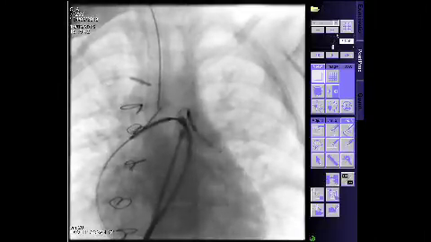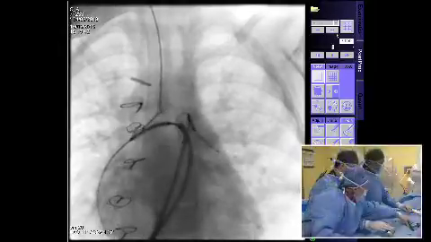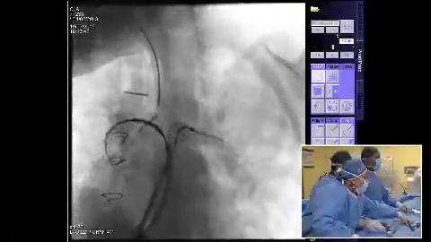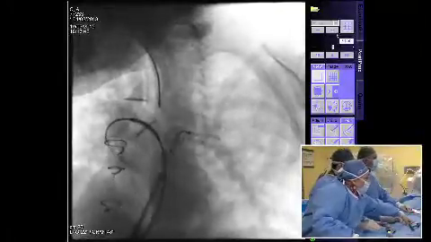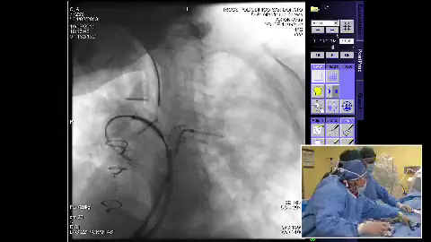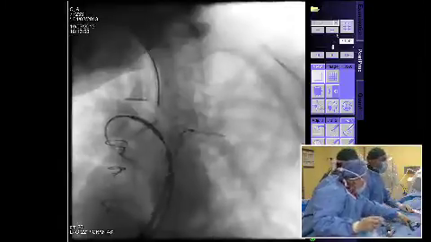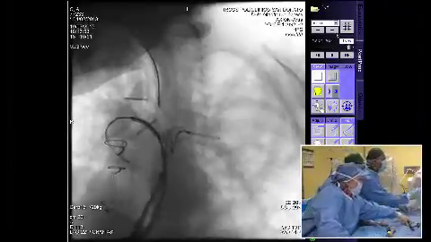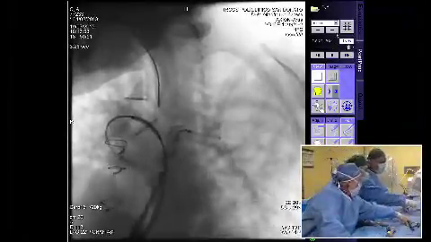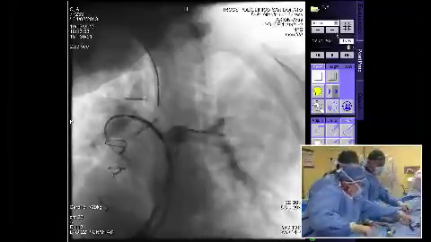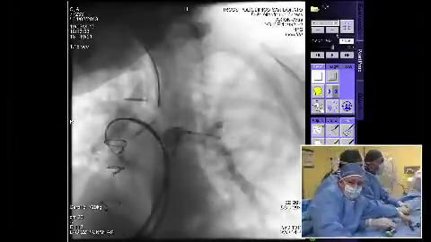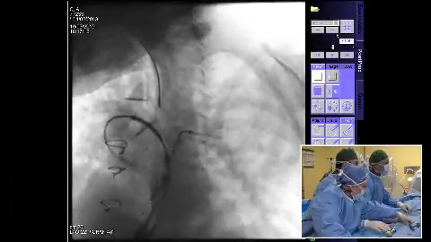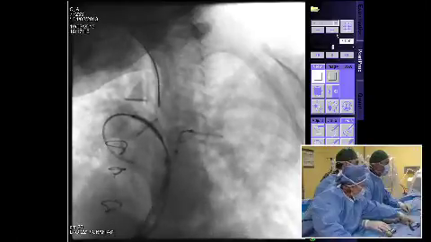Okay, I just pull back a bit. This looks nice to me as position. And we do another angio here. I think we may pull back a bit this stent, and we will be ready to inflate the stent while inflating the balloon on the left side.